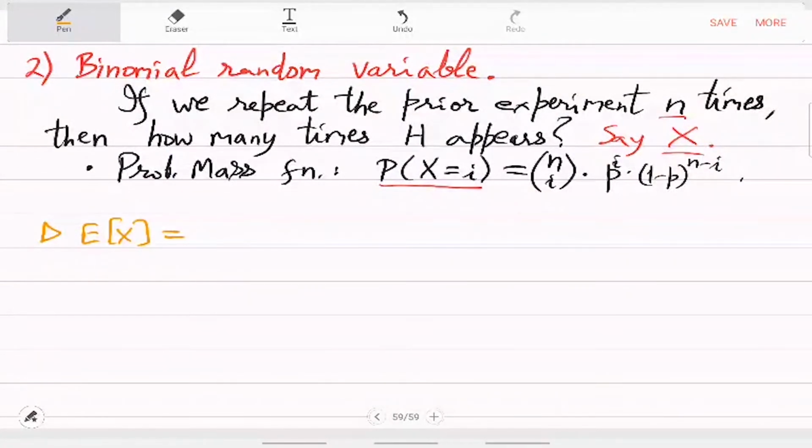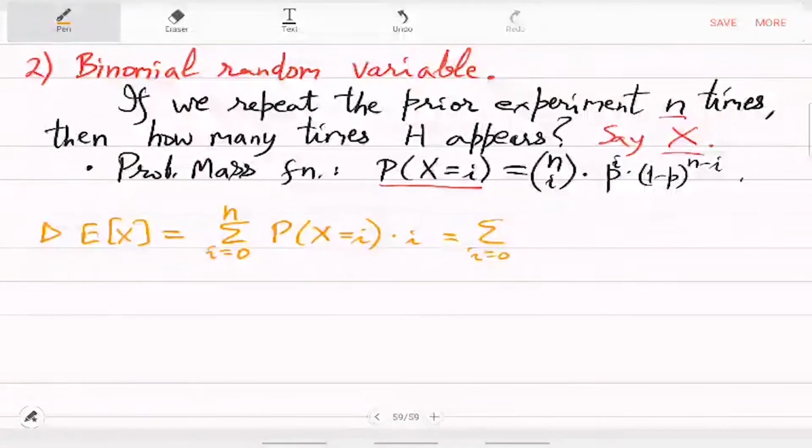So expectation is the sum of probability X being i times i. It can be from 0 heads to n heads, and which further expands to n choose i times p raised to i times 1 minus p raised to n minus i times i, which you can simplify quite easily actually.